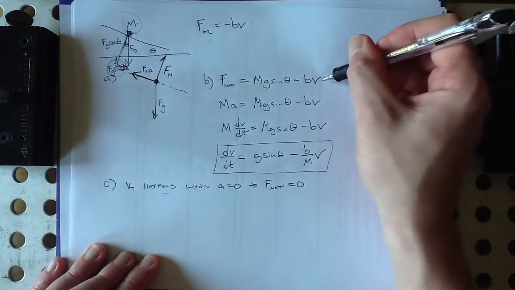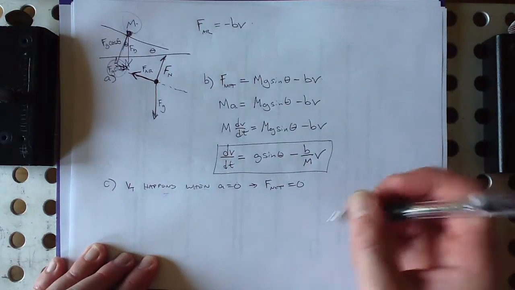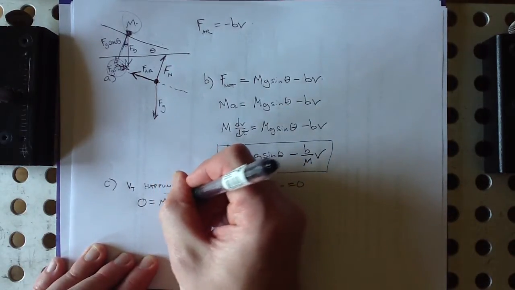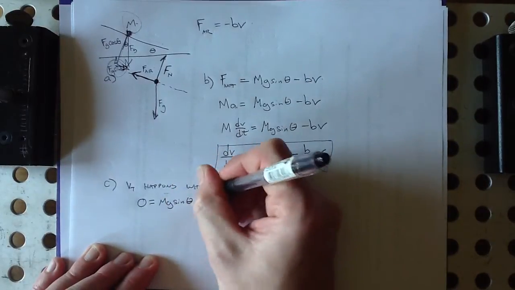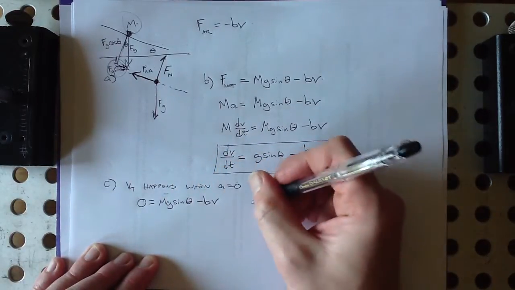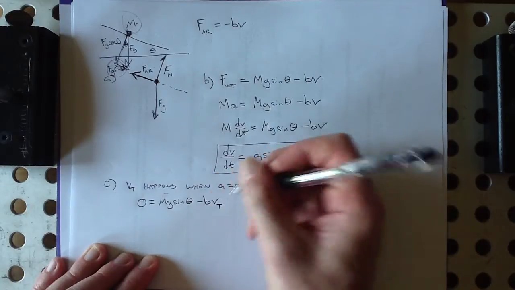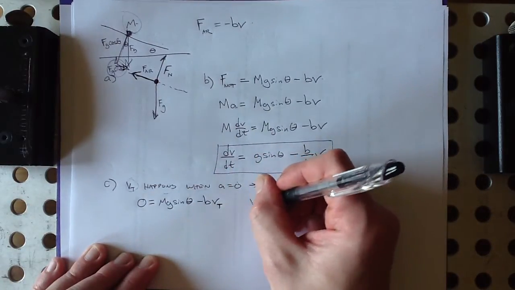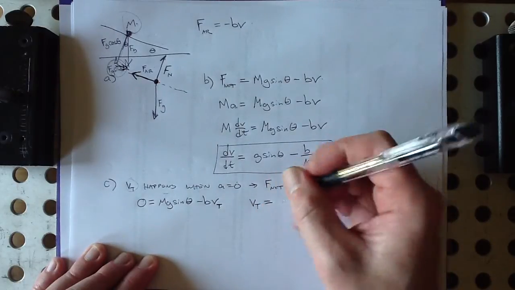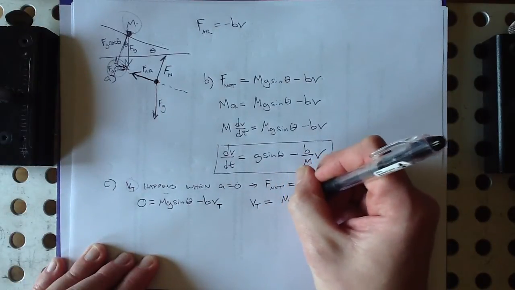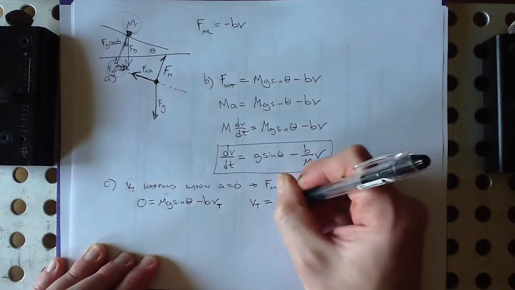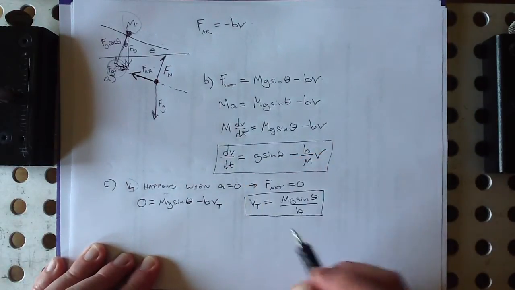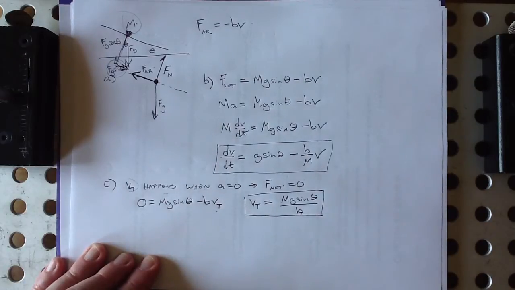So going back to here, we'll set that equal to 0. 0 equals Mg sine theta minus bv. And that's terminal, right? This is terminal, so don't forget to put that in there. So terminal velocity happens at Mg sine theta over b. That's solving that for terminal velocity.